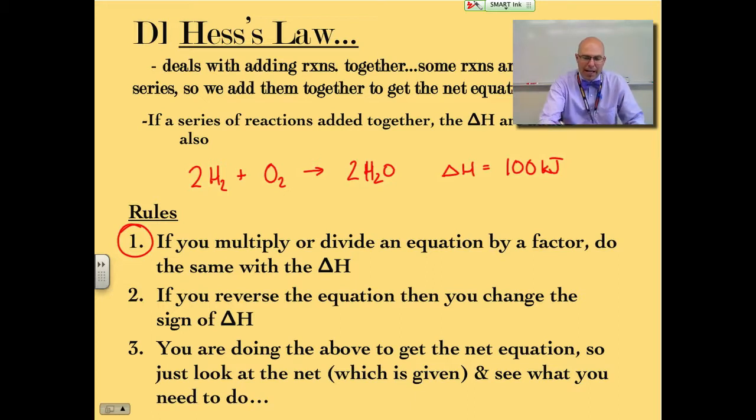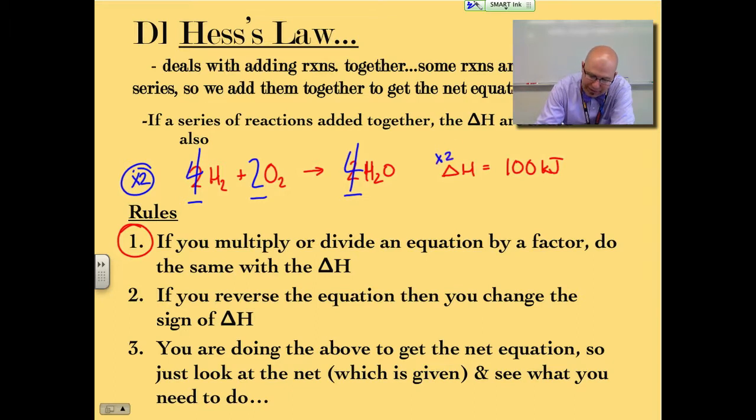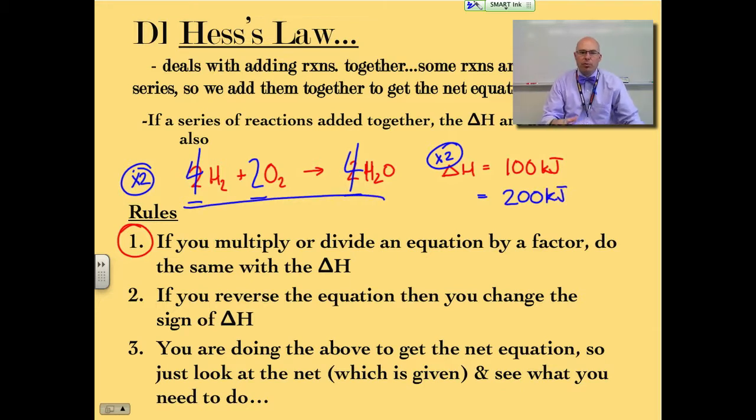Now, it makes sense that if I multiply this entire equation by a factor, let's say 2, and we have 4 H2, 2 O2, and 4 H2Os, 4 waters. Okay, so I've doubled my equation. We should double the delta H as well. So our delta H for the reaction in this situation would be 200.